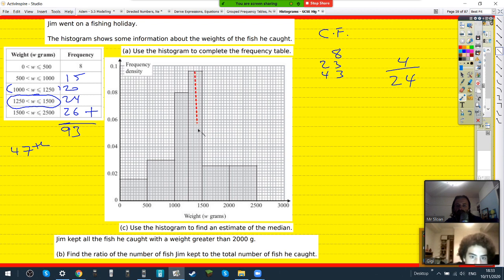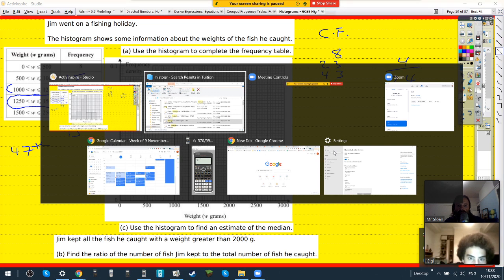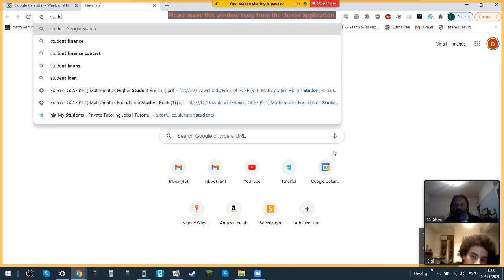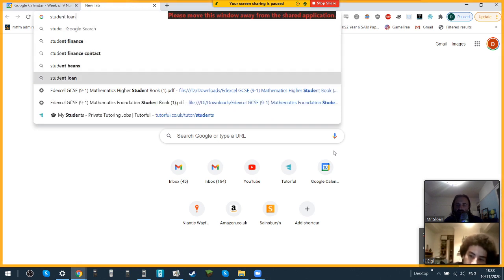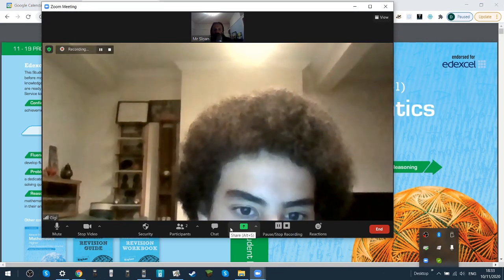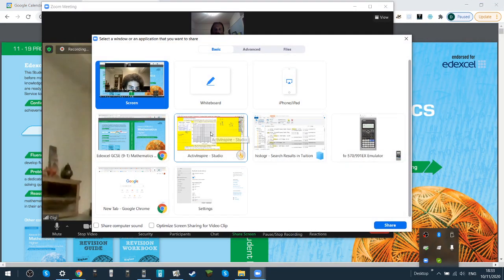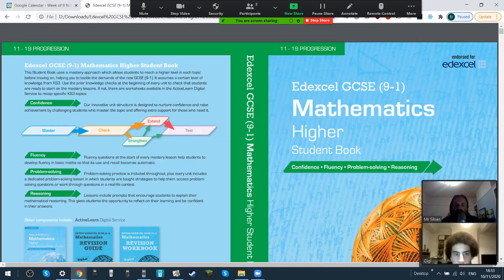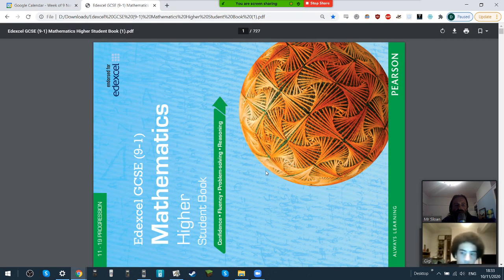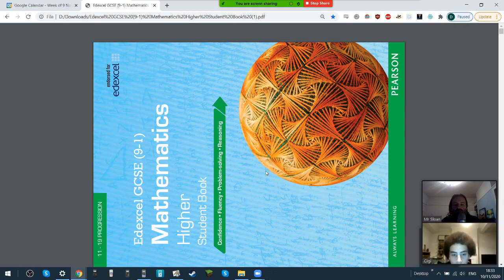But I want to go to the book on this one to see if there's some easy way. Oh, I forgot you can't see the book. I can reshare it. Try this thing. See if this works. Histograms. Oh no, I didn't know you could rotate it.